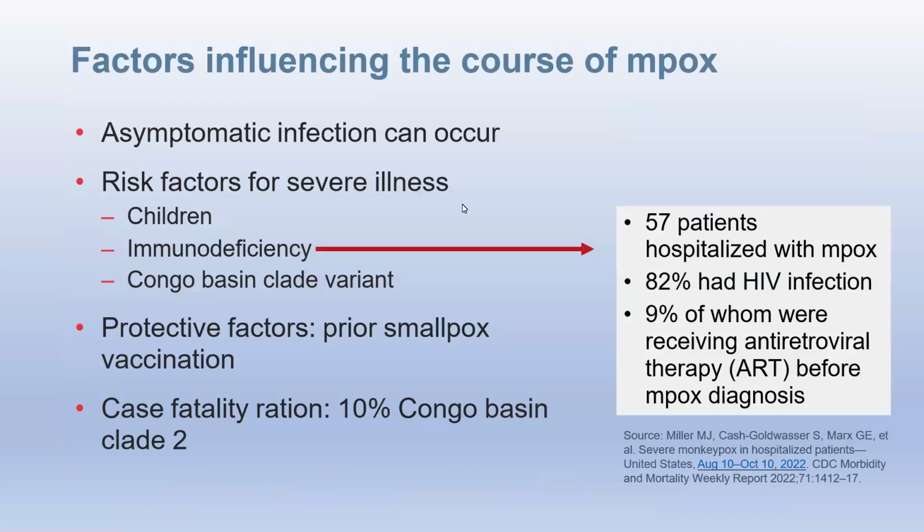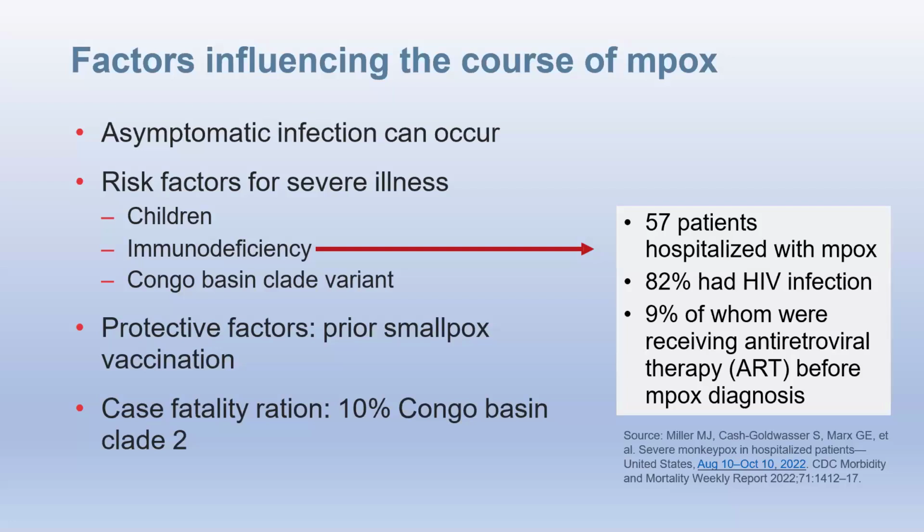Factors that do influence progression of the disease and the patient at risk of severe illness. Most of the patients are asymptomatic, but children and patients who are immunodeficient, for example, those infected with HIV or any other form of immunodeficiency, are at risk of severe illness.